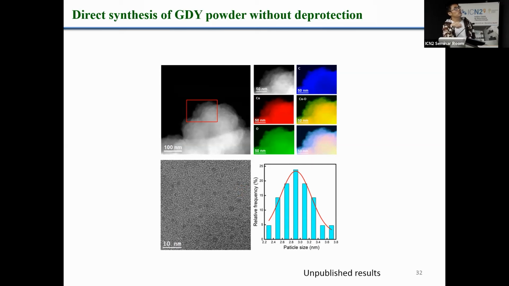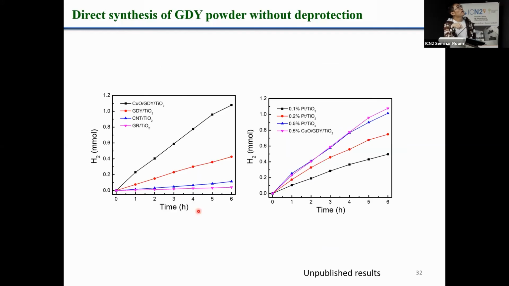So this is another advantage of our method. Here I just show two figures. We can see that this one-pot method has activity much better than other carbon materials and graphene without copper oxide.